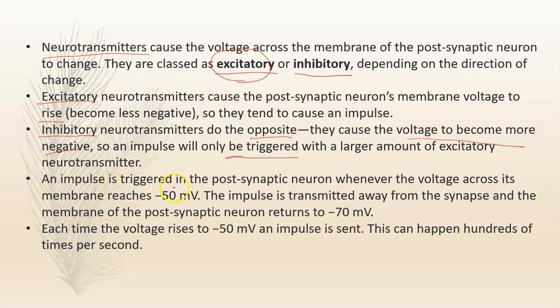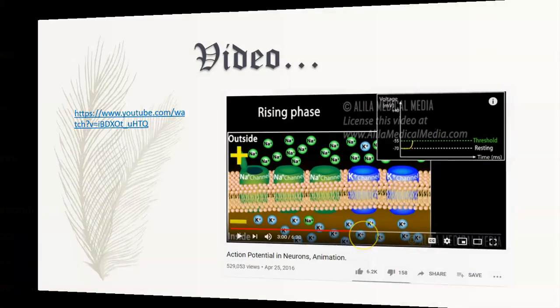An impulse is triggered in the postsynaptic neuron whenever the voltage across its membrane reaches -50. The impulse is transmitted away from the synapse, and the membrane of the postsynaptic neuron returns to -70.